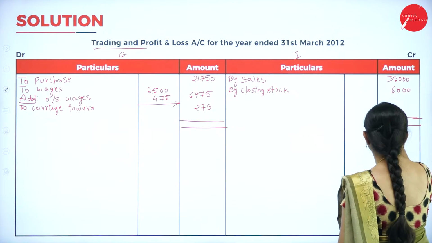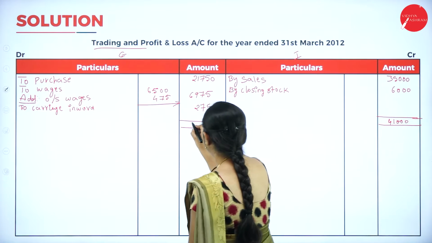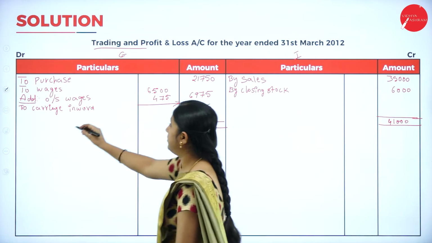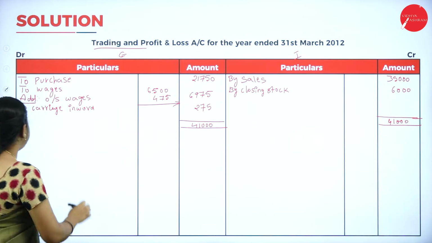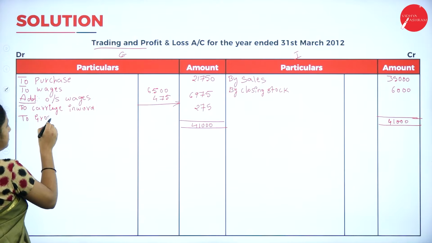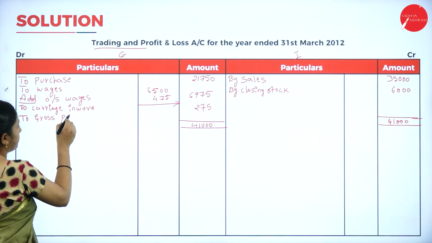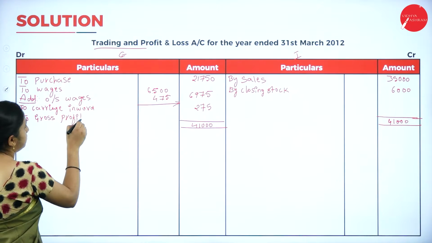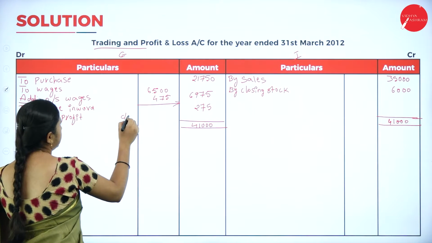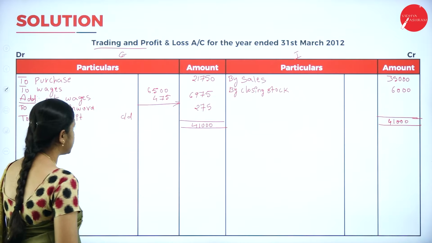Write 41,000 on both sides. Then the difference is considered as gross profit. To gross profit, because income is more than expense. Gross profit carried down for the profit and loss account.